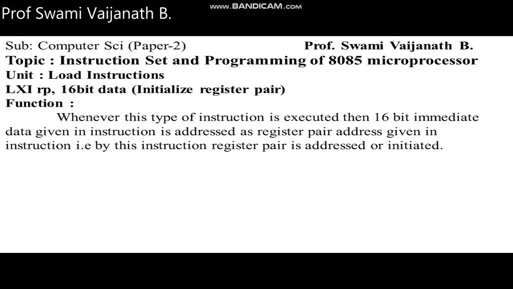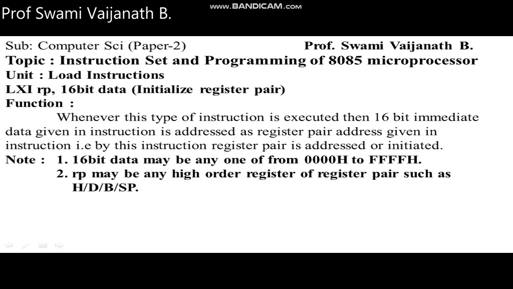For BC, B is given. For DE, D is given. And whenever SP is initialized, SP is given. And the 16-bit data is any valid address from 0000H to FFFFH.